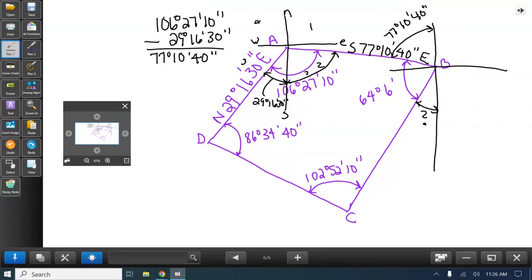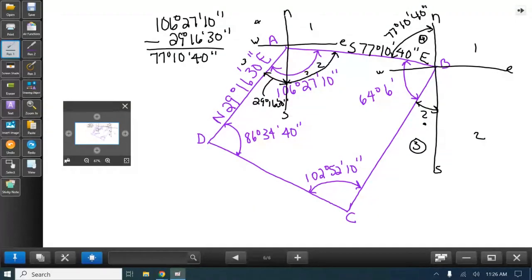A to B is now in quadrant 4. So the bearing is the angle it makes from the north. So that means we know that angle. And from B to C, that's an angle, it's in quadrant 3. So the bearing is the angle it makes from the south. So that's what we're looking for.